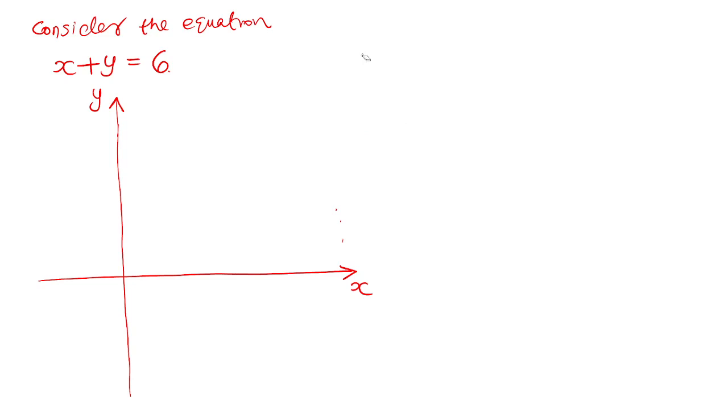For that purpose, what is the equation given to us? X plus y equal to 6. Is it correct? Draw a table like this. You have to draw a table. Let it be x and let it be y.